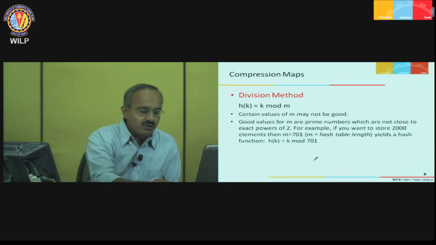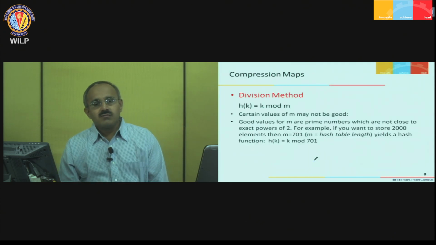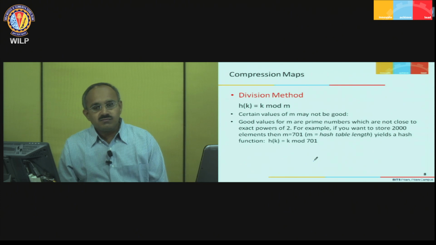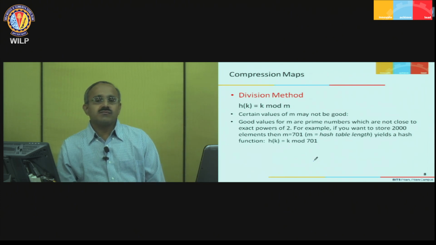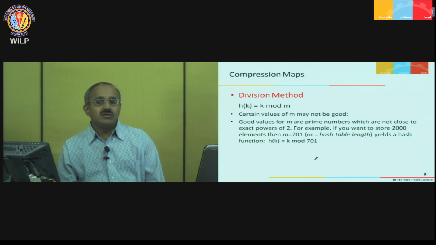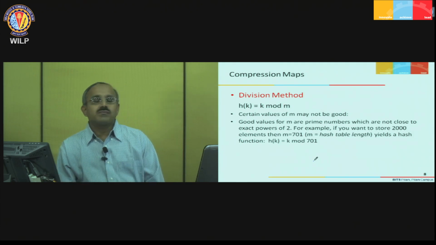Now, there are many popular hash functions, out of which the division method is one of the very popular functions. Hash functions are also called compression maps, because they try to compress the range of the indices.